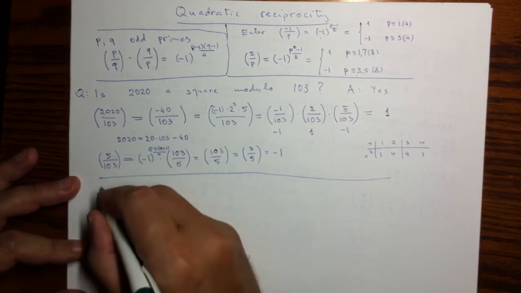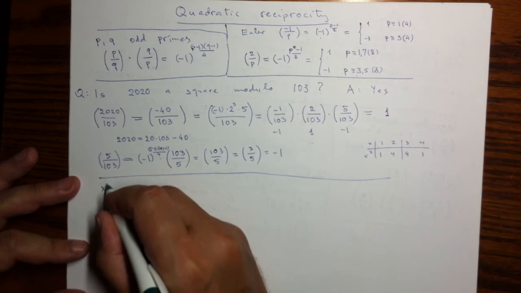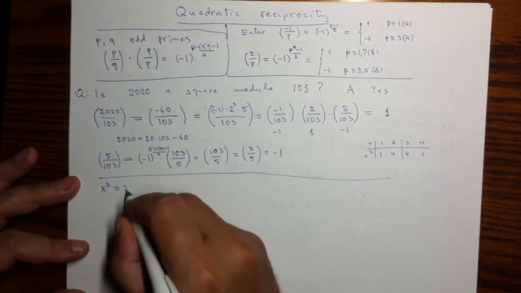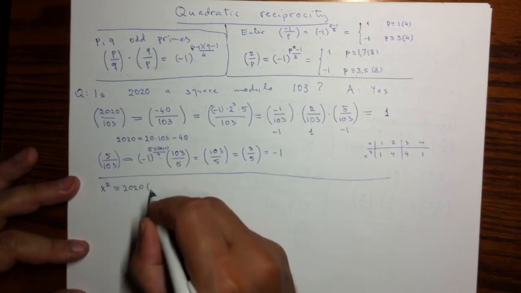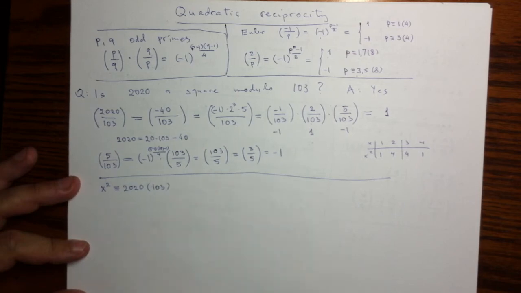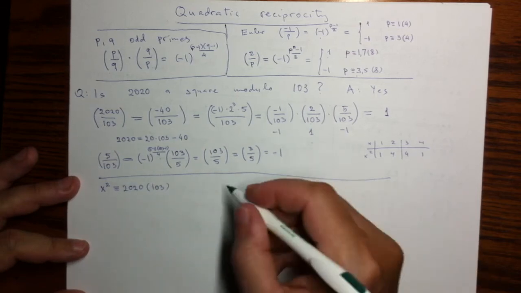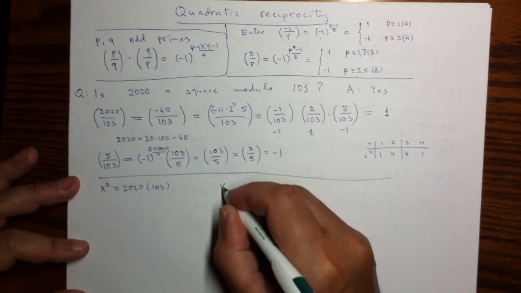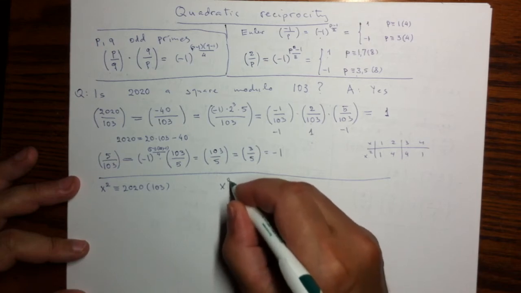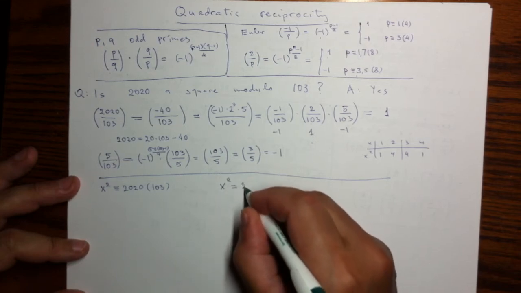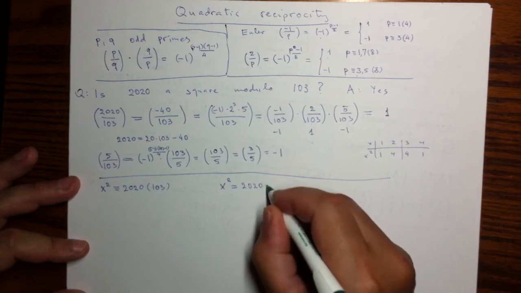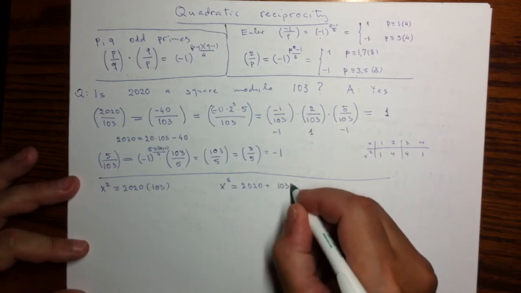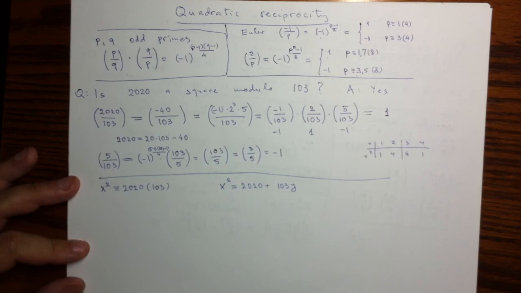So the congruence x squared congruent to 2020 modulo 103 is solvable. We can rewrite this as an equation, as a Diophantine equation. X squared is equal to 2020 plus y copies of 103.